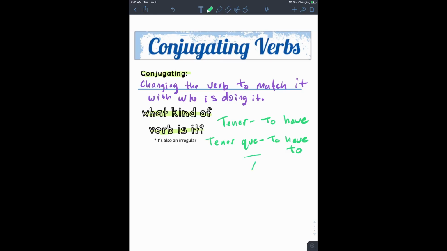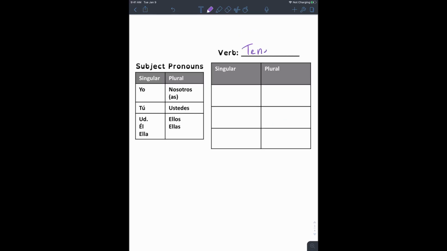The only difference is we're adding que, which is an extra to here. All right, the verb is, of course, tener. On the left-hand side, we have our subject pronouns, which we can't forget about. We use them in all of the charts that we use for grammar purposes.